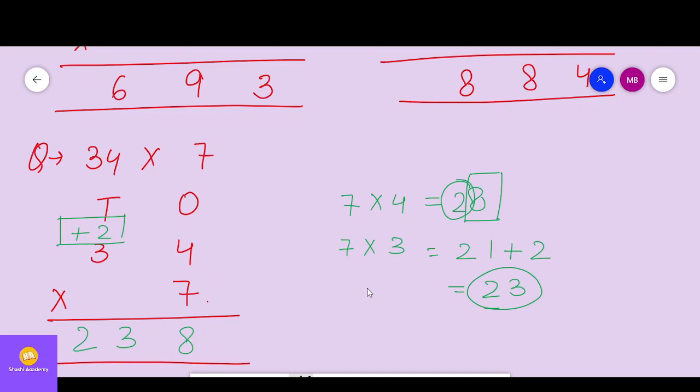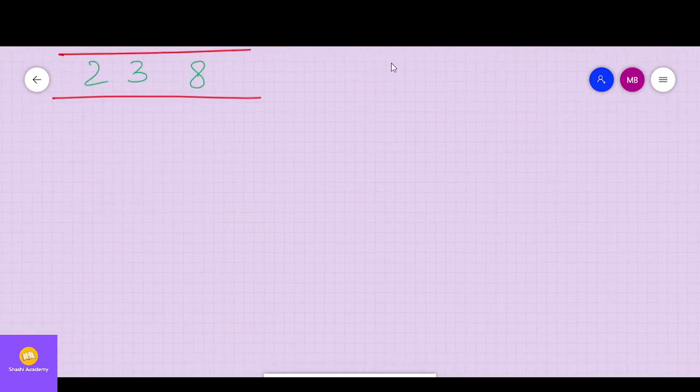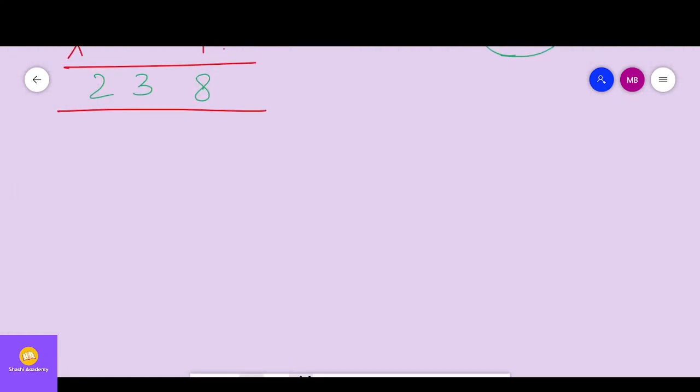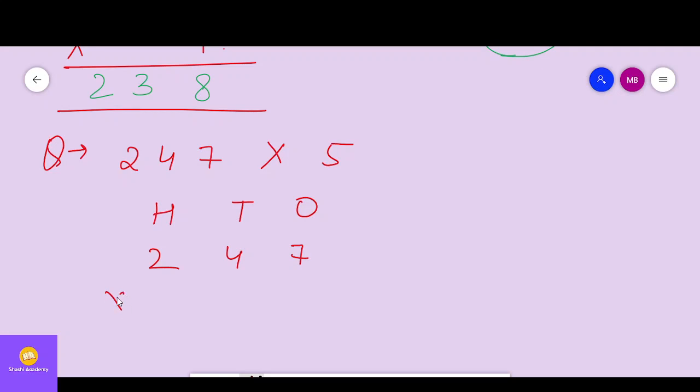Now let me take one more example of a 3-digit number with a 1-digit number. Okay, so now the question is 247 multiplied by 5. Again I will write the correct digits under the correct place values. 247 multiplied by 5.